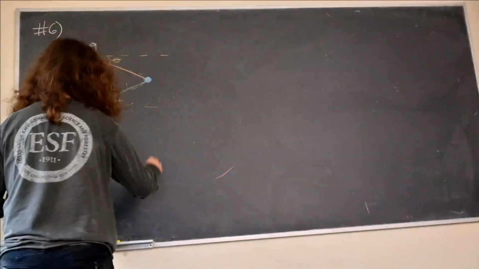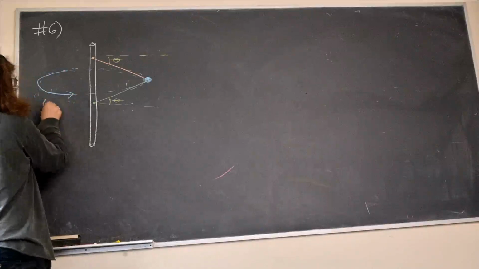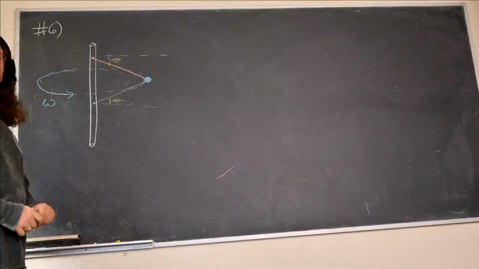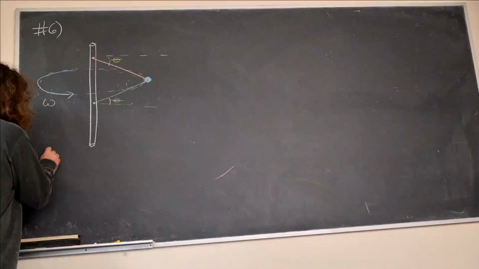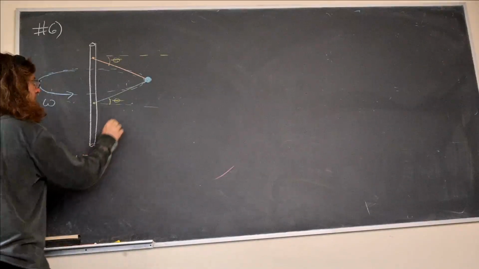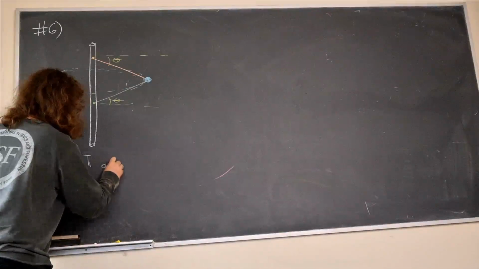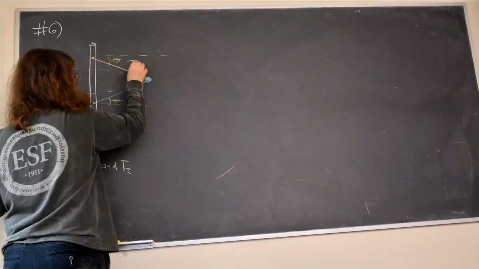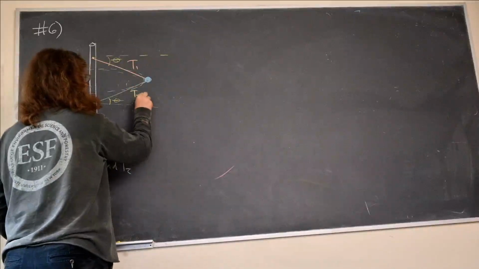So this is going round at an angular velocity omega. And there are several steps to the problem, but they're just kind of there to get you to find T1 and T2 in terms of the other things. So I think I called the upper one T1 and the lower one T2.